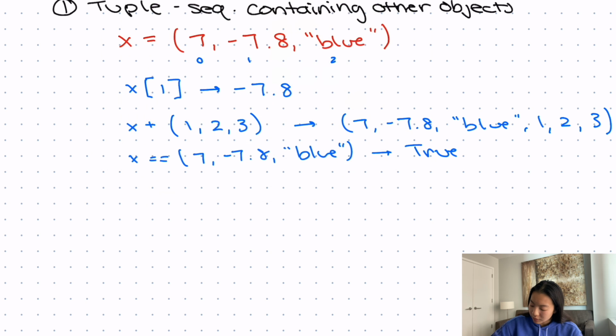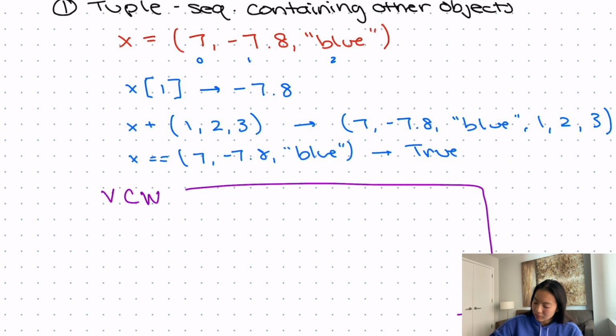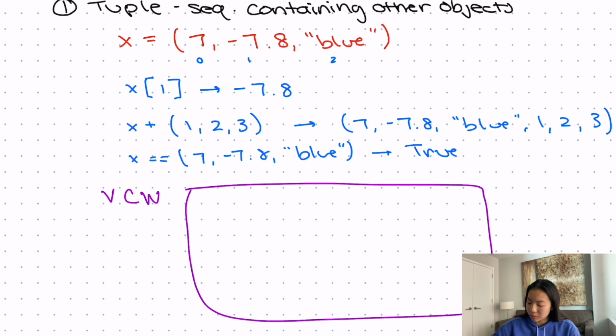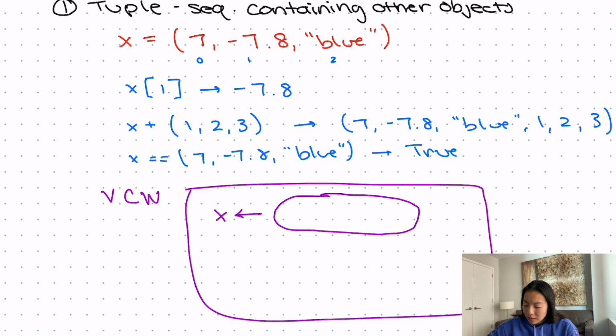So in my virtual computer world, I'm going to draw this tuple like this. I'm going to use rounded borders to denote that it's a tuple. And then I have 7, negative 7.8, and blue.